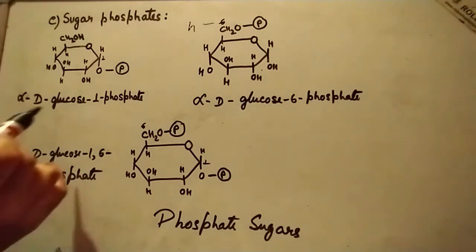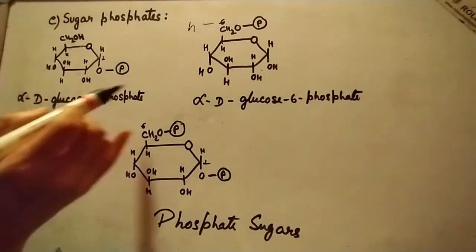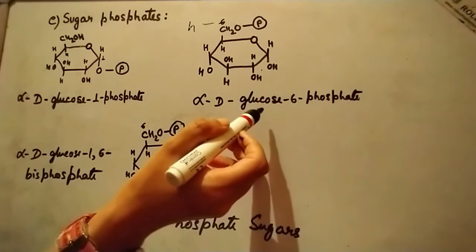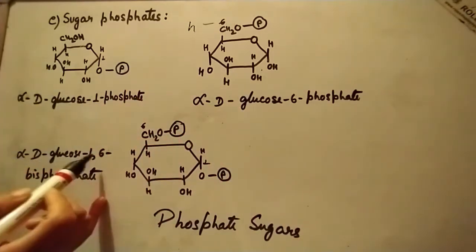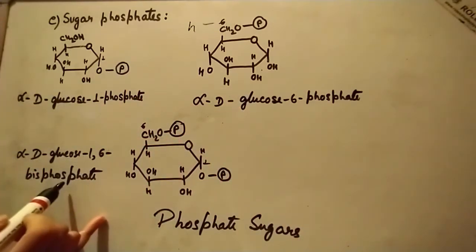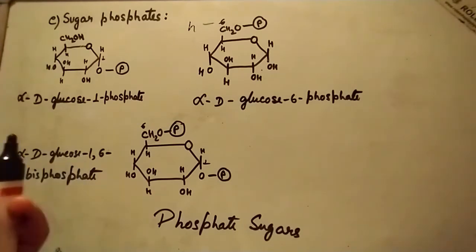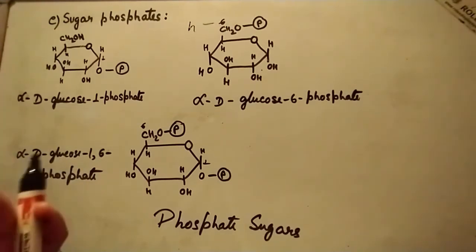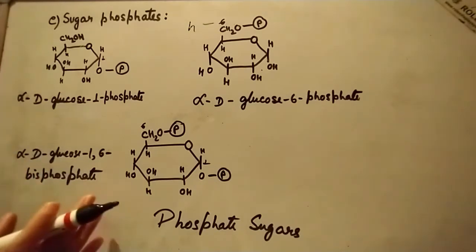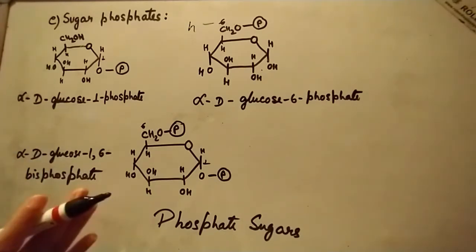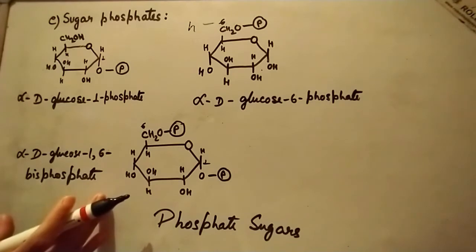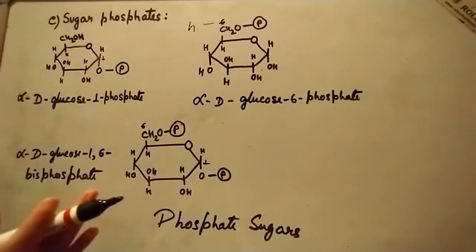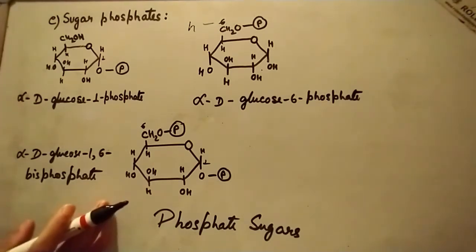Now, glucose 1-phosphate, glucose 6-phosphate, and glucose 1,6-phosphate. As you can see, there are others like fructose 6-phosphate and ribose 5-phosphate. All these are phosphorylated sugars, and they are of great importance in metabolism.